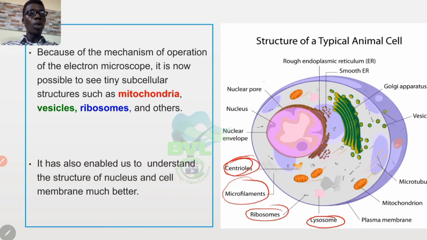You can see the nuclear pore. Under the light microscope, we see that it just has a nucleus, but here we can actually see that there are pores through the nucleus. It also has enabled us to understand the structure of the nucleus and the cell membrane much better.